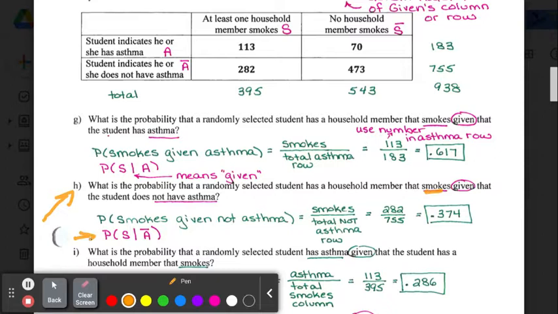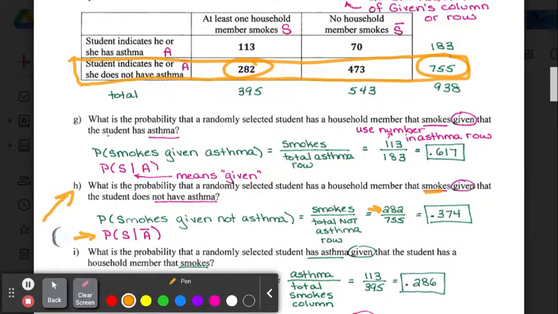So see, I have P of S given not A. So instead of the asthma row, I'm looking at this information. Everything else goes away. So the smoke number is 282. That's where that is. And the total in this row is 755. So I did 282 divided by 755, and I got 0.374.